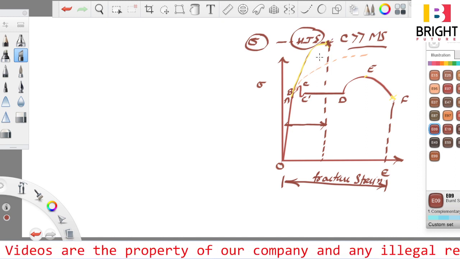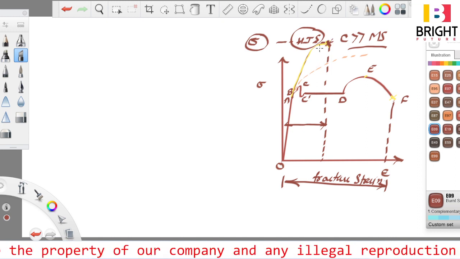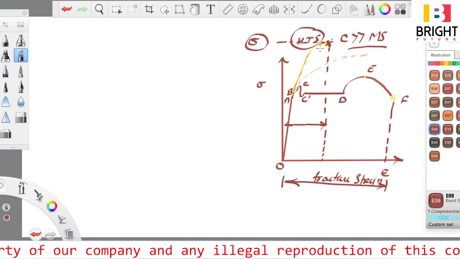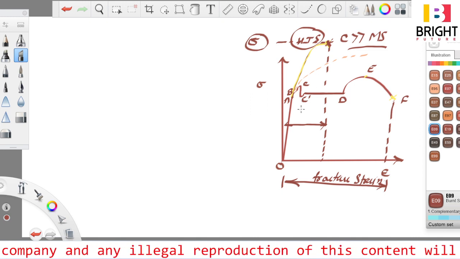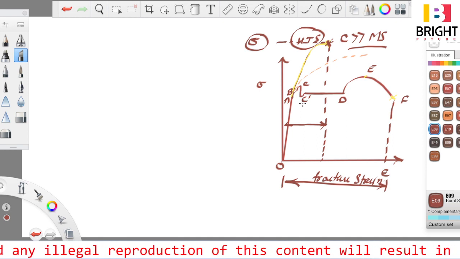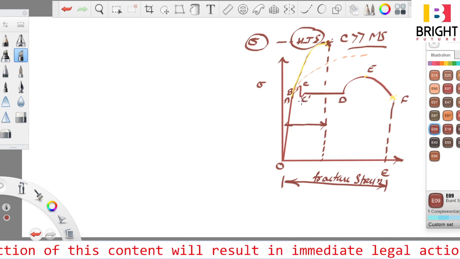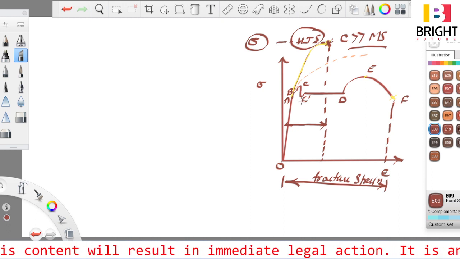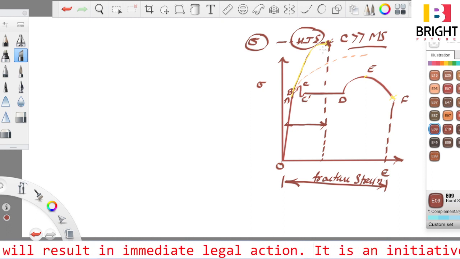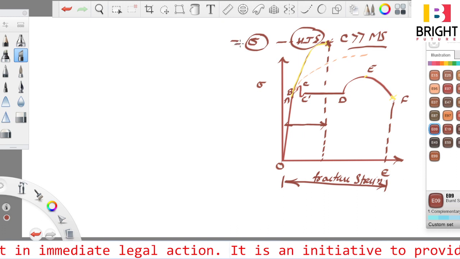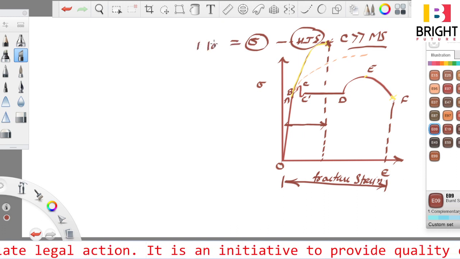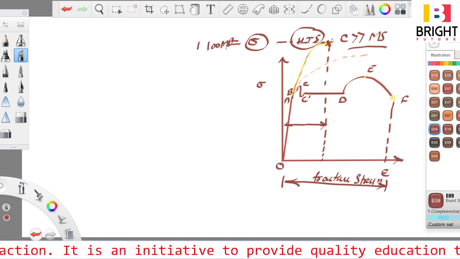So the strength of the material increases with increase in carbon percentage. However, fracture strain decreases, right? So the material becomes more brittle, but the resistance to load increases, and this stress can be equal to 1100 megapascal.